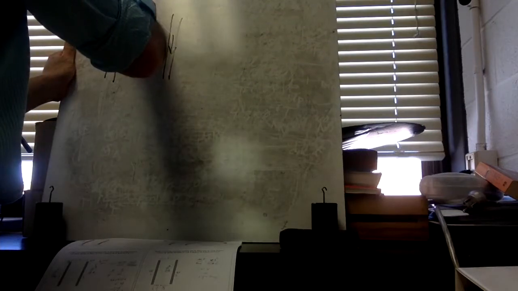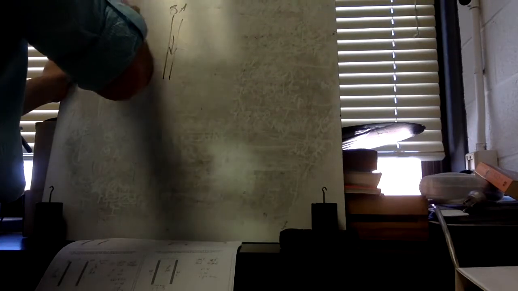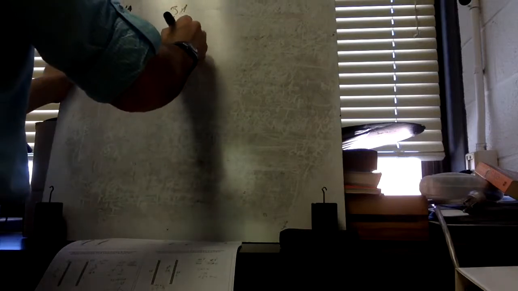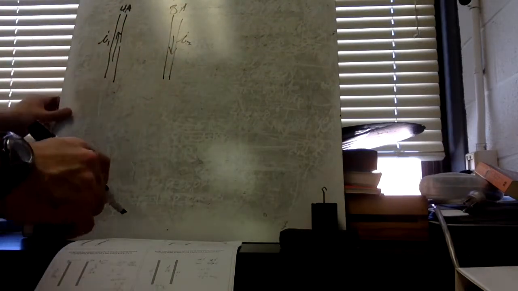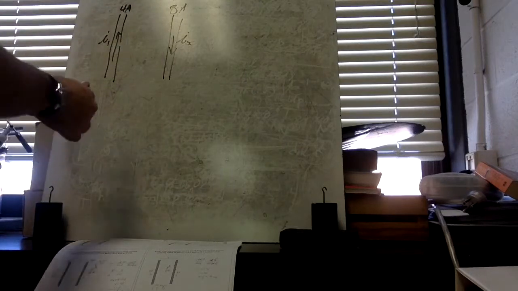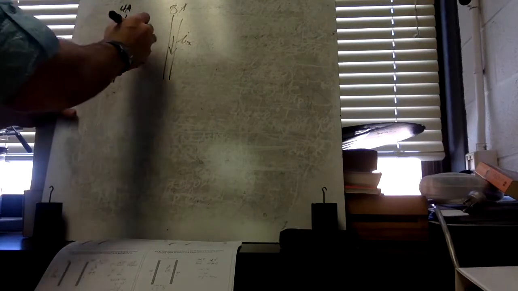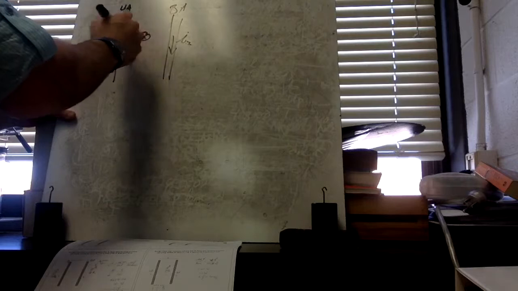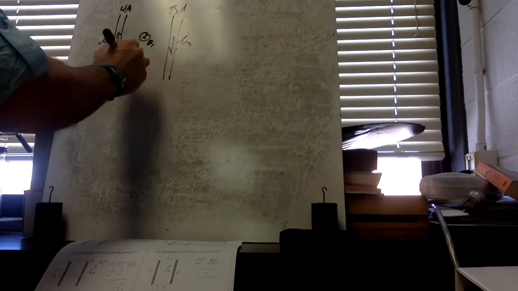Now in example 6, these are our two wires again, 4 and 8 amps, like before. We'll call this I1, and this one's I2. We want to know where the magnetic field is going to be 0. The magnetic field due to this one is into the page. That's B1.